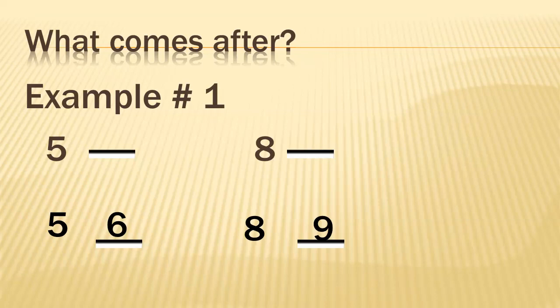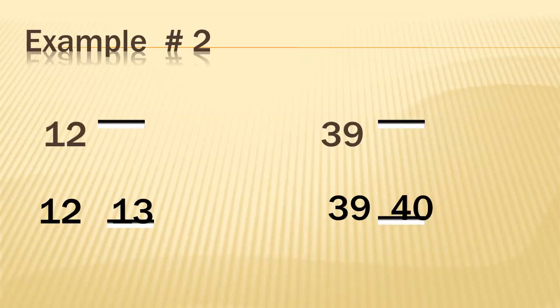Now here we have some double numbers. In these numbers, we will only change second number. But one most important thing, in after number, when a number ends on 9, we will change both numbers. First number is 12.